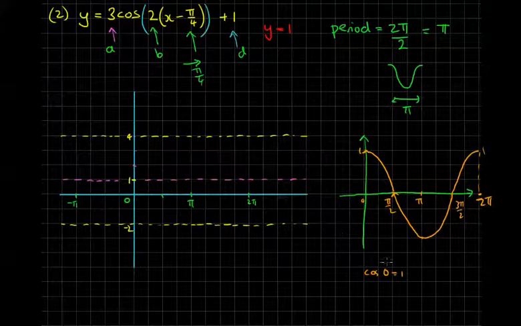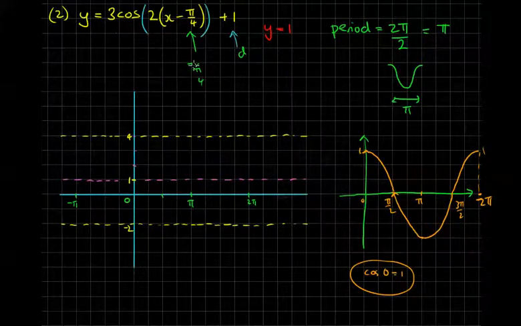Now, that's a good point to start with. Cos of 0 is 1, and that's going to help us determine where we're going to start. Let me rub out all of this stuff here, and these arrows. I've put this blue bracket in on purpose, because imagine inside this blue bracket we got 0.